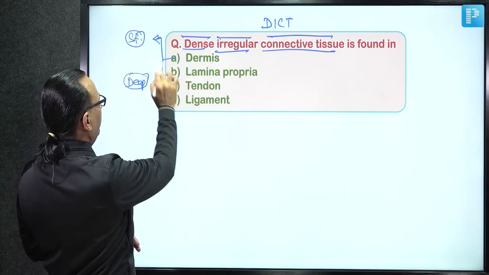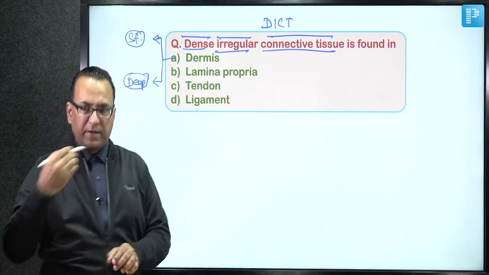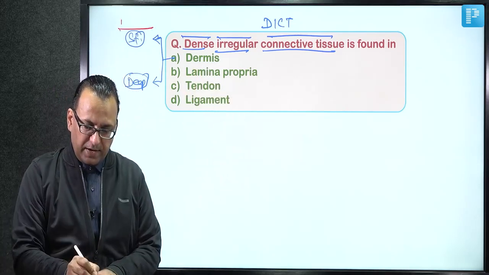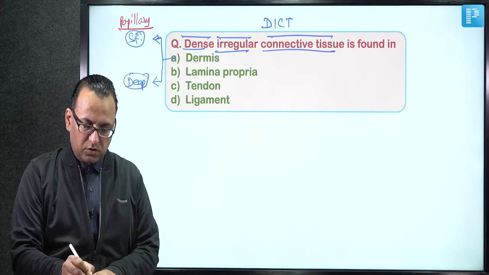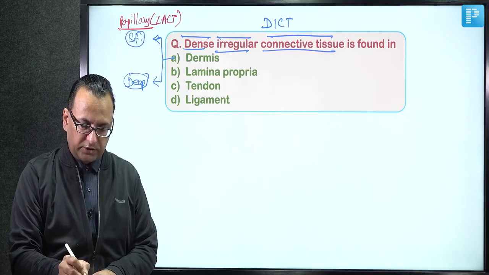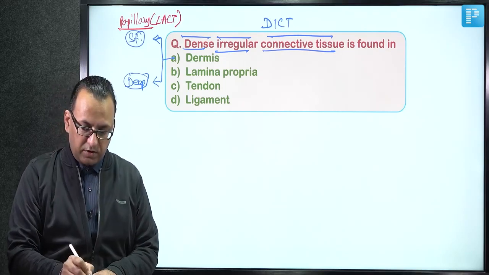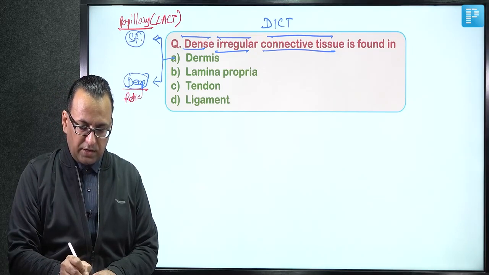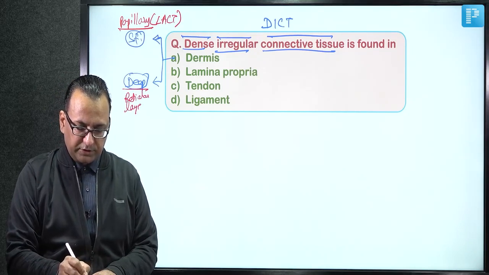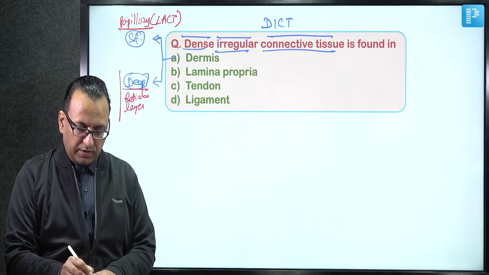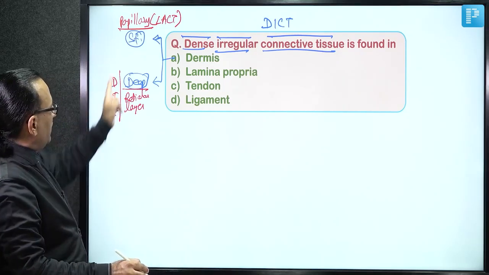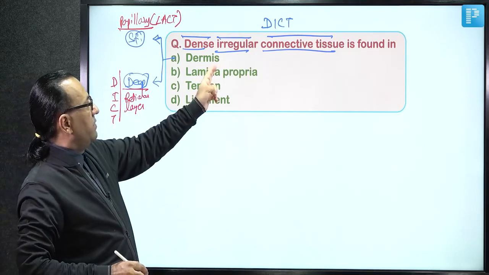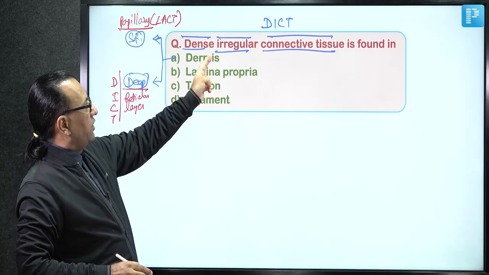In the superficial layer of dermis, which is called the papillary layer of dermis, we have what is called loose areolar connective tissue. And what about the deep reticular layer of dermis? In the deep reticular layer of dermis, that is where we have dense irregular connective tissue. So, are you trying to say your answer will be choice number A, dermis? Yeah, maybe. Let us look at the other options as well.